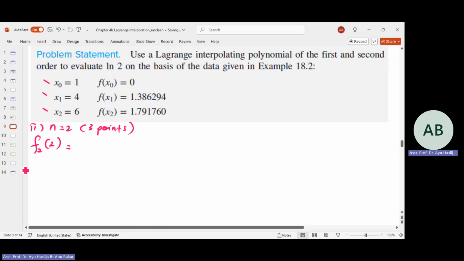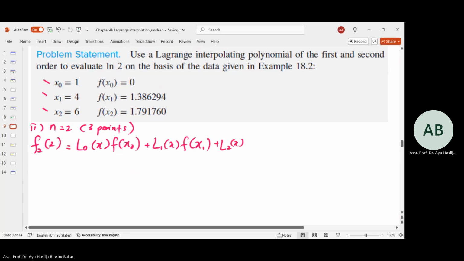It will involve L0 until L2. Find out your L for each.